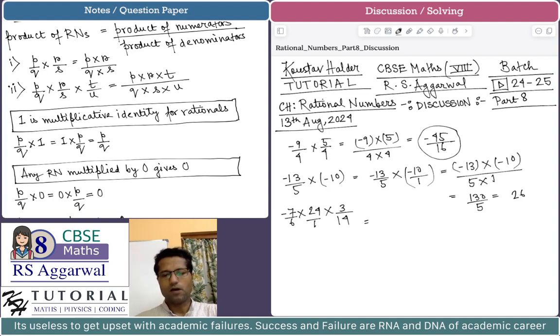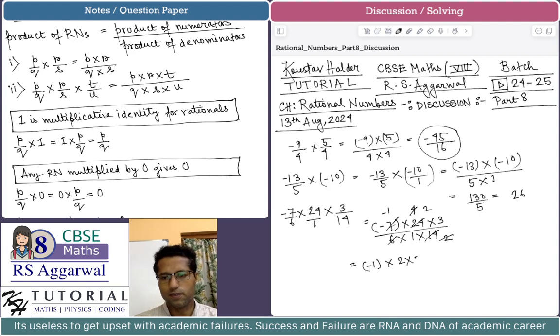So you take the product: the numerator will be minus 7 multiplied by 24 multiplied by 3, and the denominator will be 6 multiplied by 1 multiplied by 14. Now if you do cancellation, 6 divides 24 with 4, 7 divides minus 7 with minus 1, and 14 with 2, and 2 divides 4 with 2. So the final result is minus 1 into 2 into 3, which is minus 6.